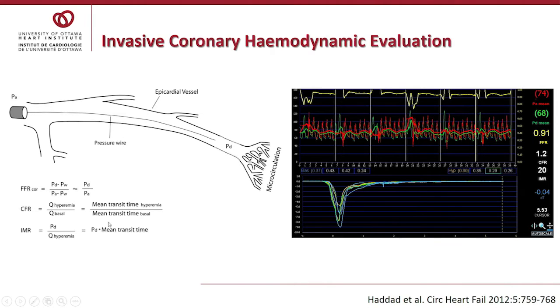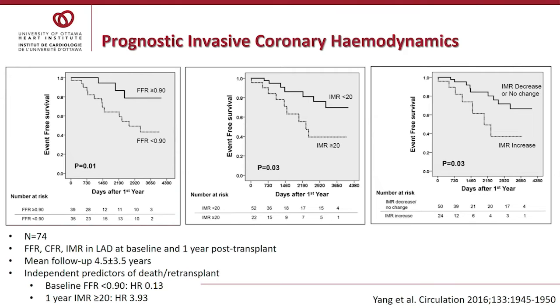So fractional flow reserve, or FFR, which allows assessment of the epicardial vasculature, index of microcirculatory resistance, which is specific to the microvasculature, and then coronary flow reserve, which looks at blood flow in both the macro and micro vascular compartments. And this is a very nice study from the Stanford group looking at the value of these indices in the transplant population.